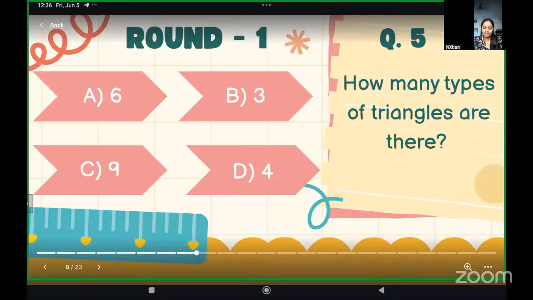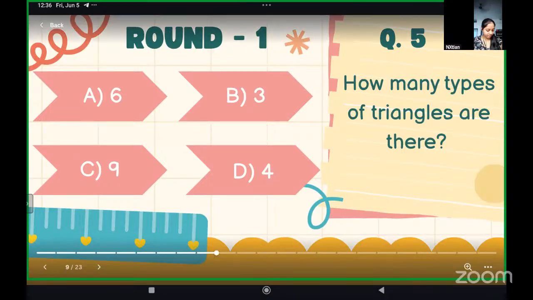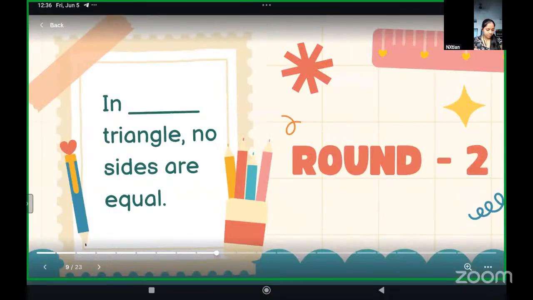Fill in the blanks. First question for Joshua. In dash triangle, no sides are equal. Acute.